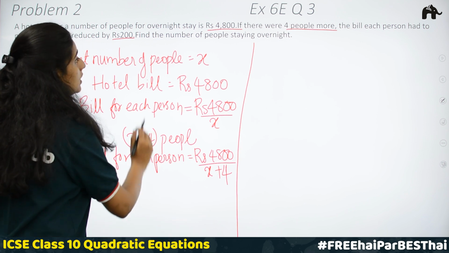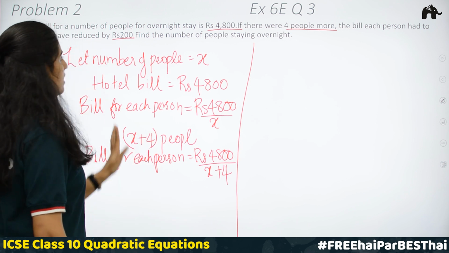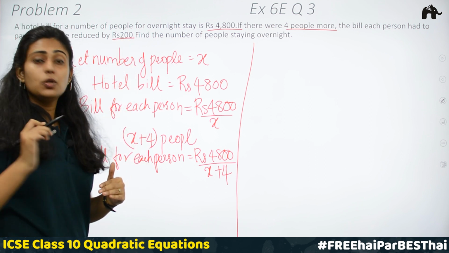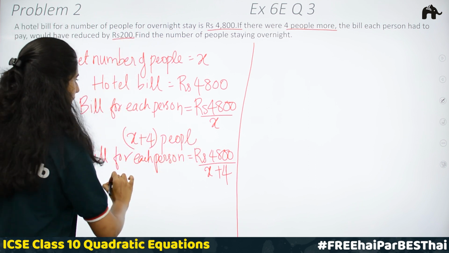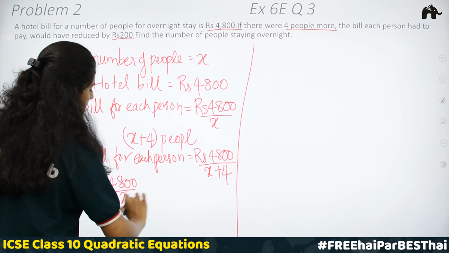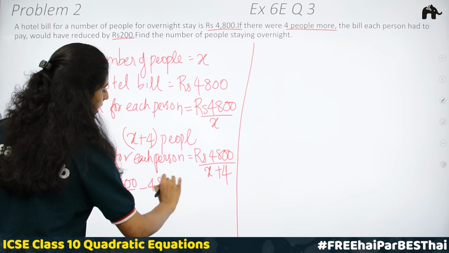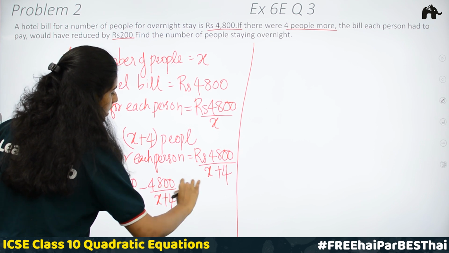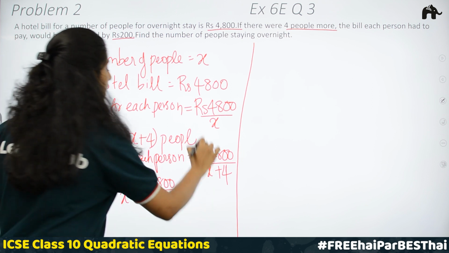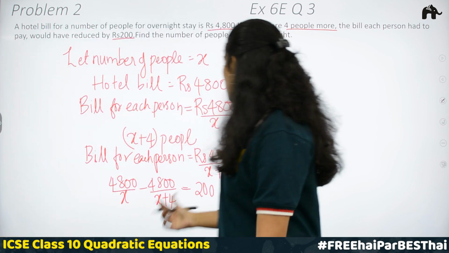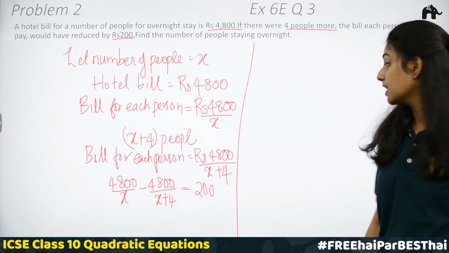Okay. Now, the difference is given, that is 200, because the bill is reducing by rupees 200. So, this can be written as 4,800 by x minus 4,800 divided by x plus 4 is equal to 200 rupees.